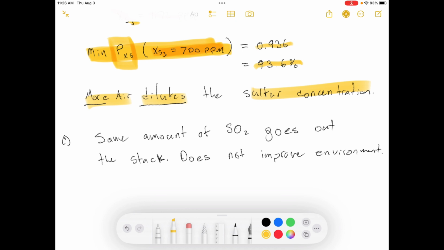So the standard should help improve the environment. And in the case of SO2, it seems like they've done a good job to make it so that the standard helps improve the environment. We've dramatically reduced acid rain and the problematic effects that come with breathing SO2 as well. So yeah, long story short, it doesn't help to just dilute the SO2.